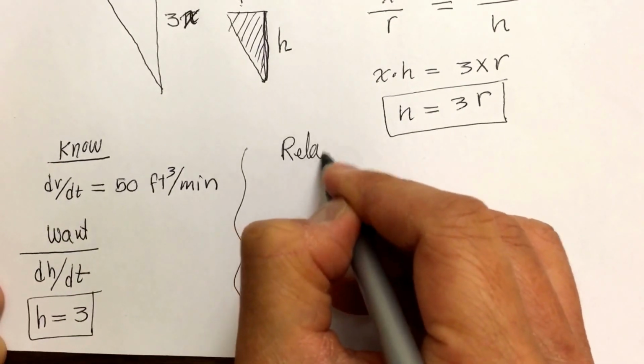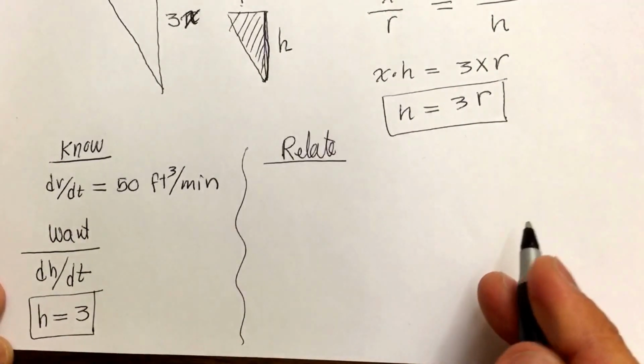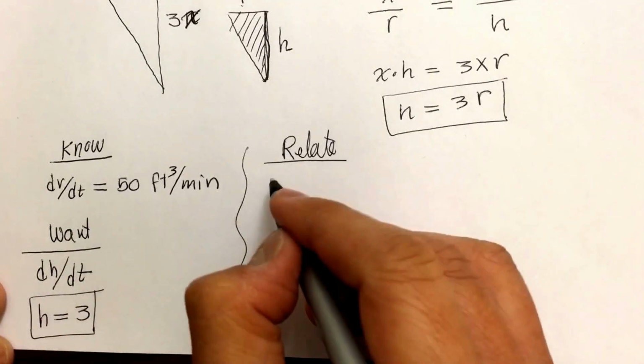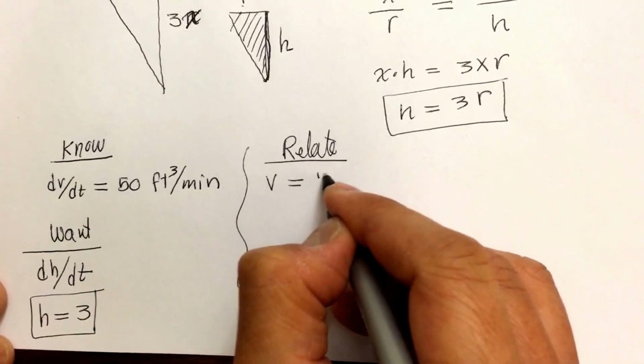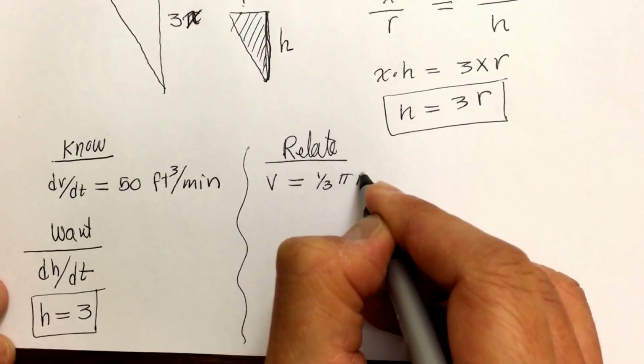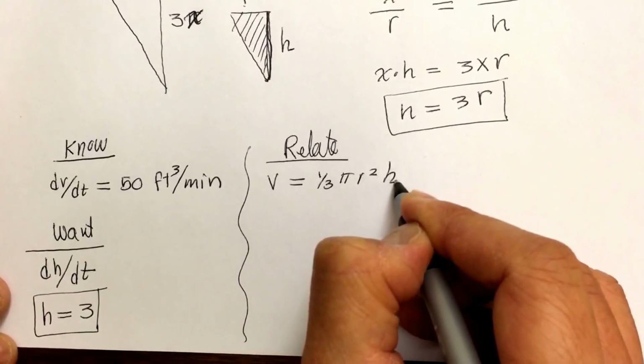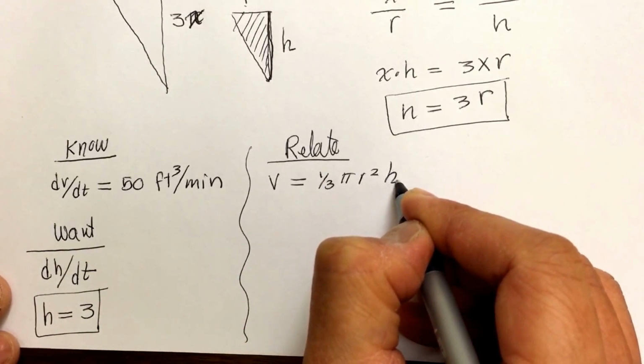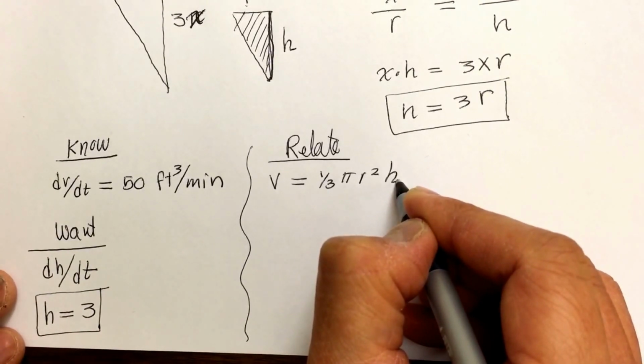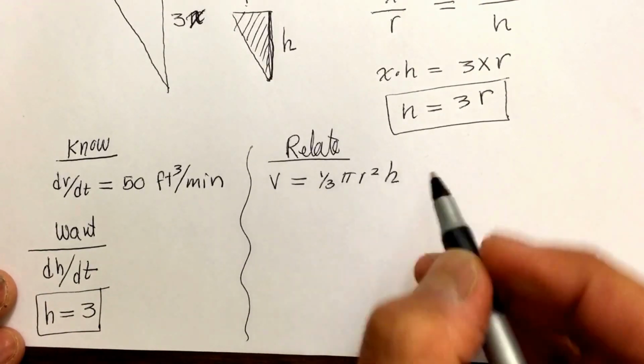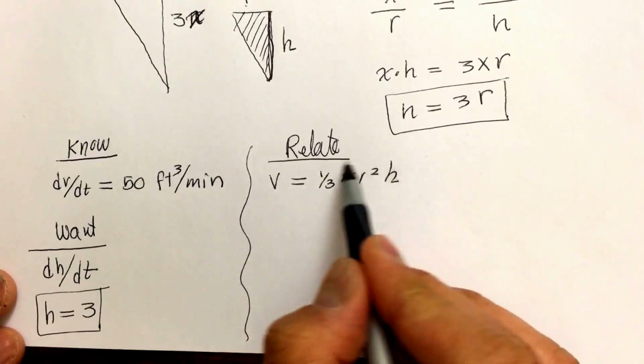Okay, so we write down how they're related, how volume and height are related. We know that volume is 1/3 pi r squared times the height. All right. So we're gonna express everything in terms of height.